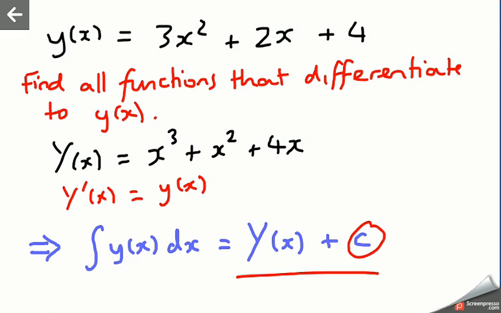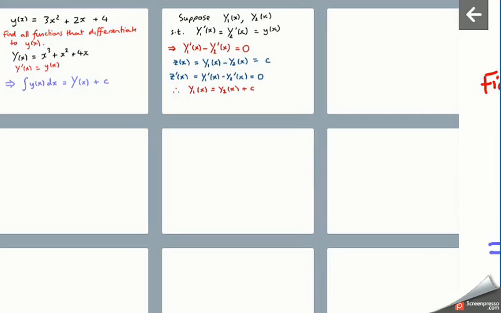So that must mean that big Y of x plus c is all of those functions. So another way to write this, do it on a separate board, is the integral of little y of x, which was 3x squared plus 2x plus 4 dx. Did I say integral? Well, you can say integral as well.